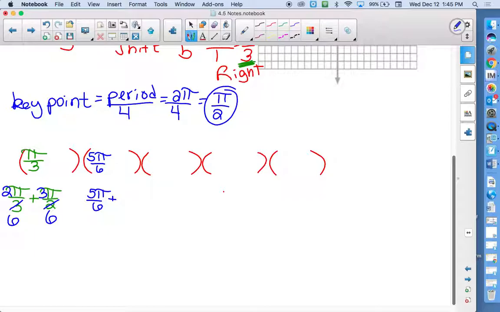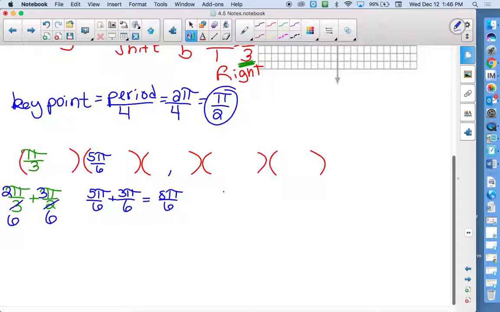But we have to get 5 angles. So you need to take 5 pi over 6. What are you adding to it? Alex? Pi over 2. Well, if I want to keep a common denominator, we're really adding 3 pi over 6. So, Alice, 5 pi over 6 and 3 pi over 6 make 8 pi over 6.